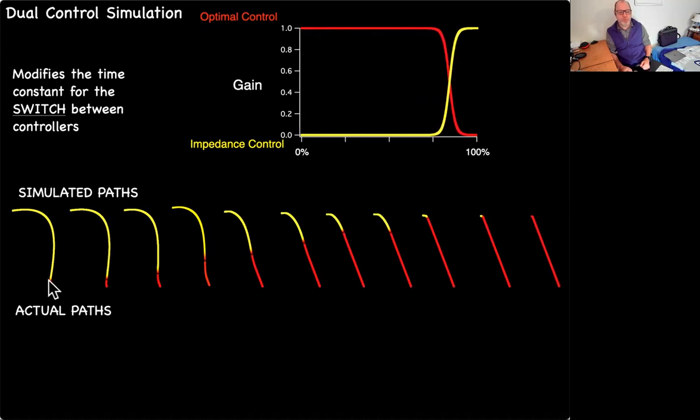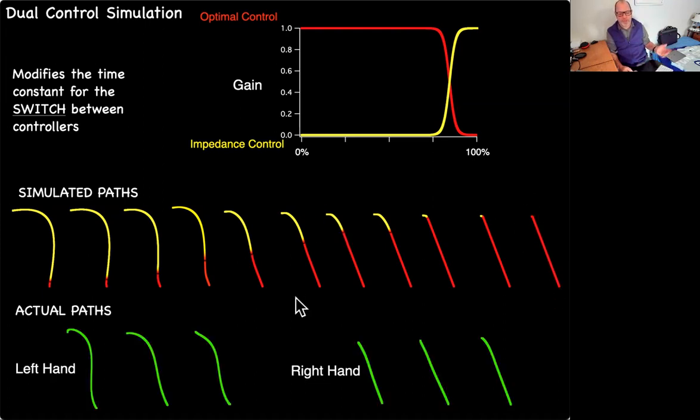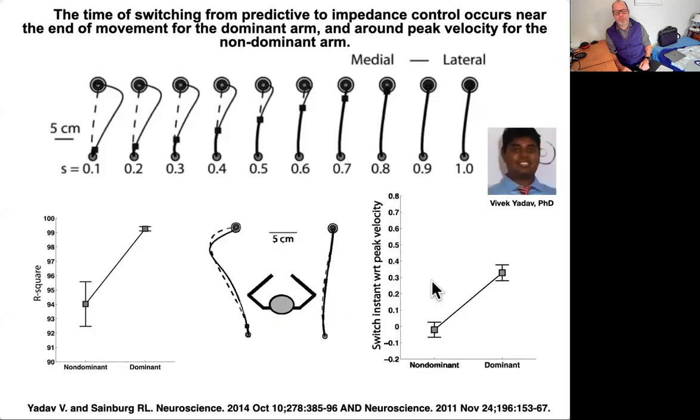You go from almost completely simulated impedance control, where the dynamics of the limb make you curve, to almost completely straight control, the solution for optimizing the objective function. In actuality, left-hand paths looked more like our impedance control paths, and right-hand paths looked more like our optimal control paths.